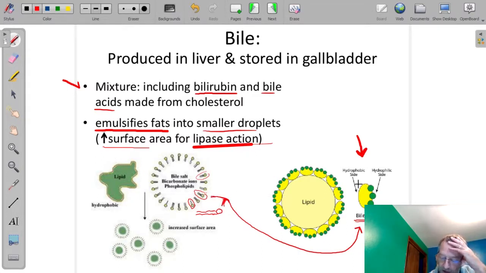And what they're showing is that there is a hydrophobic side and a hydrophilic side. This is just a cartoon sketch. Hydrophilic. And the other side, if you can't read the small print, is hydrophobic.